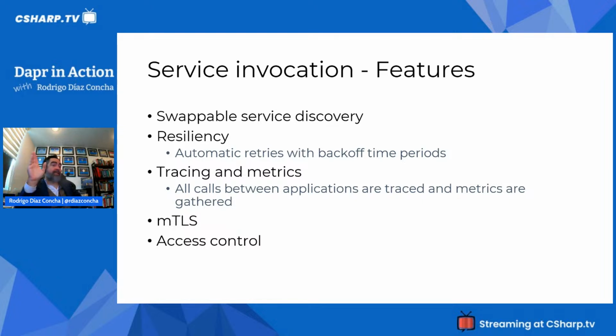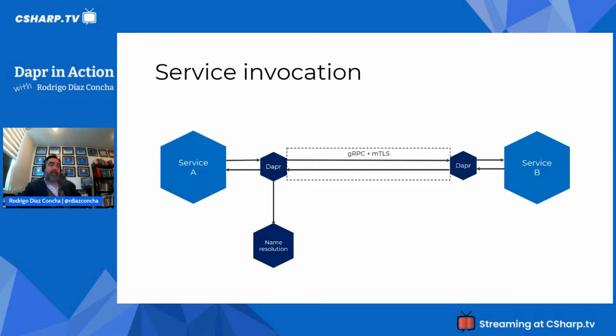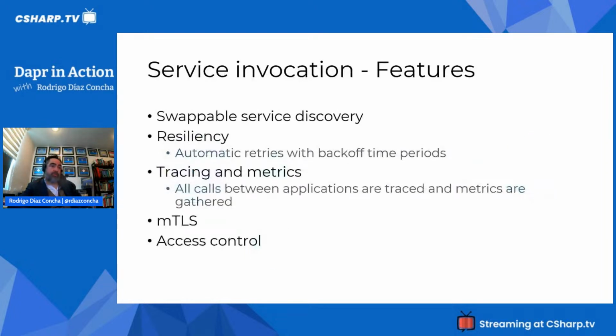So this is great. And mutual TLS, as I mentioned before: the communication between those two components happens by using mutual TLS. So this is a secure communication between those two microservices. And finally, you can also use access control policies for specifying who can invoke which method in your solutions.